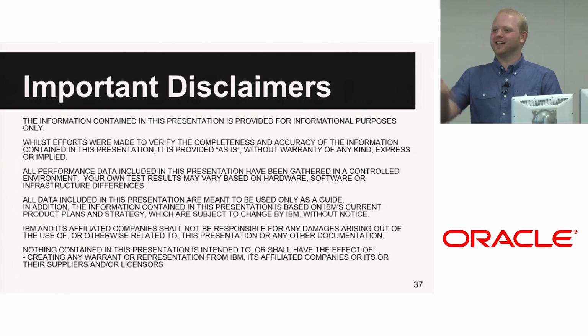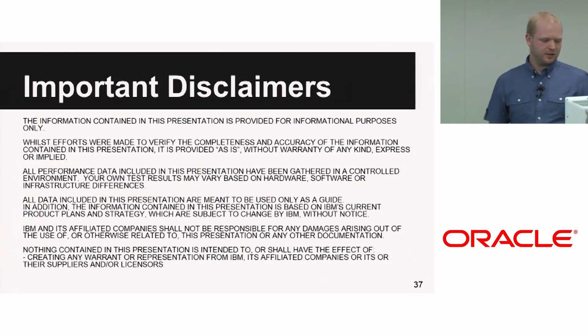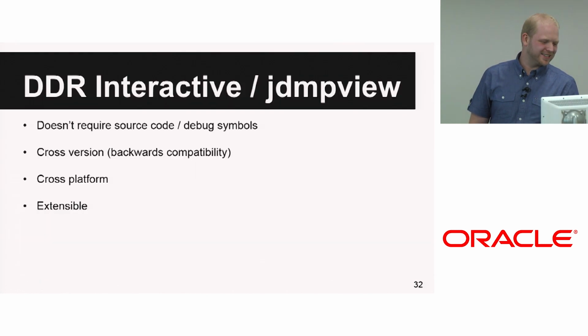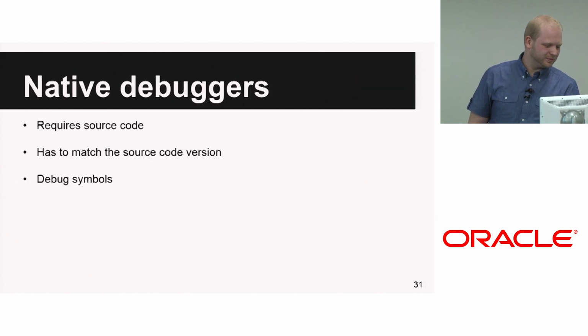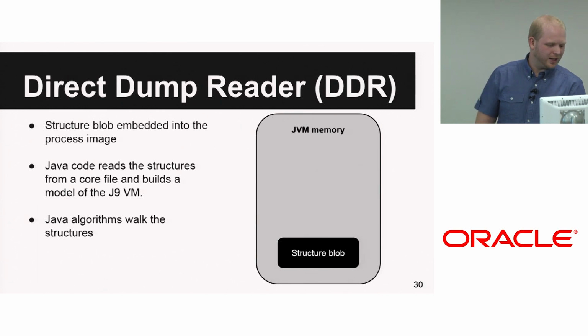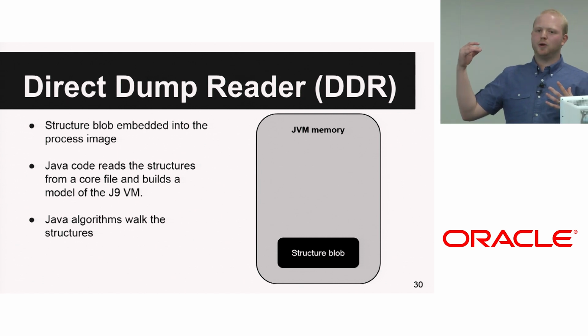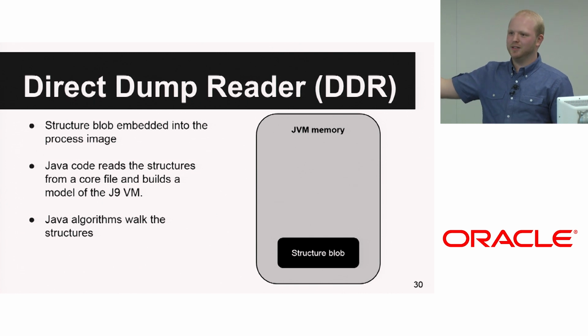Okay. Another question? Can you describe the DDR again, what it is and how you get it? It's part of that whole discussion that has been going on today, the question about how I take my headers from my native JVM code and turn it into something I can read in Java.